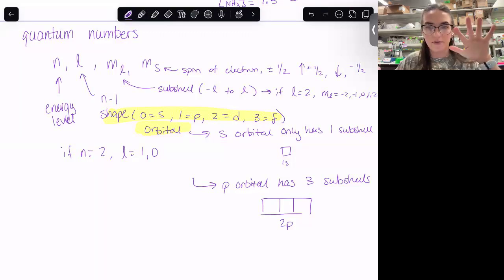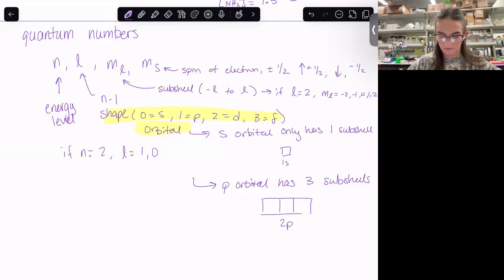In your d orbital, you have 5 subshells. And in your f orbital, you have 7. Then each subshell can hold 2 electrons. Okay. Any questions on orbitals, or does that answer my orbital question? Subshells are m sub l.